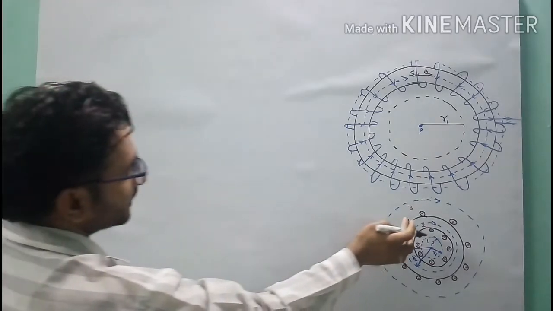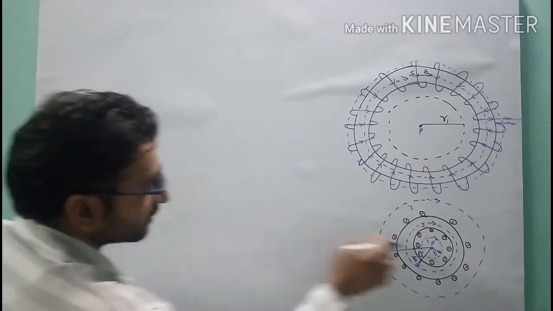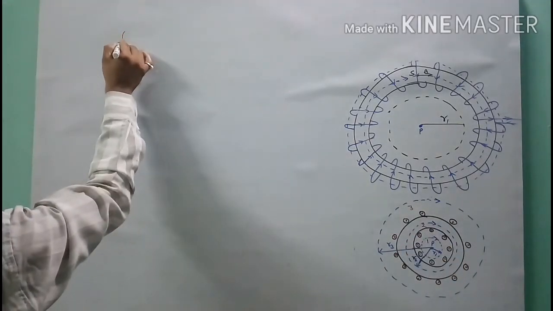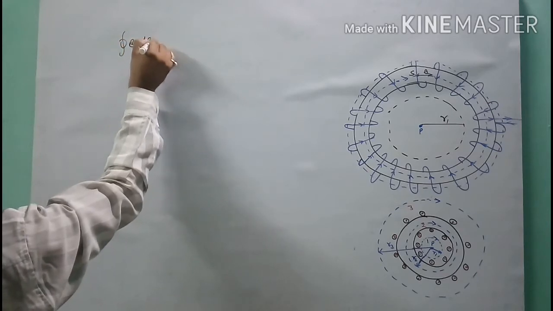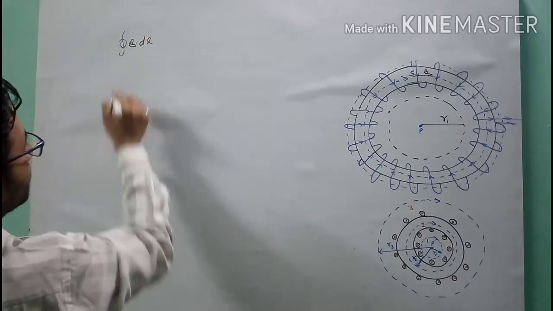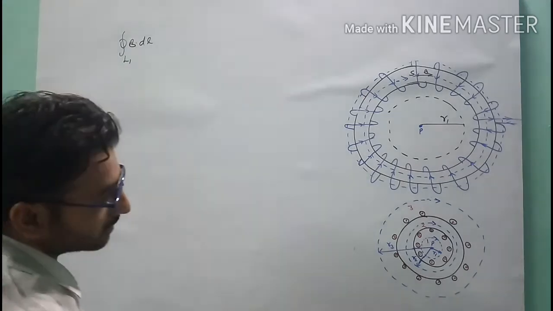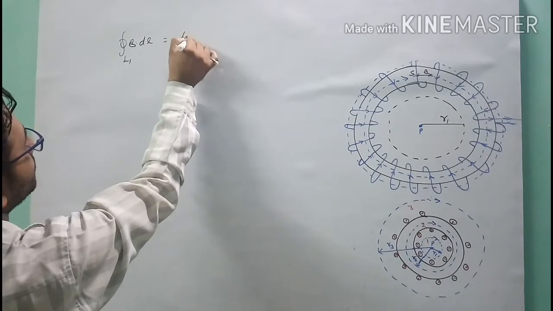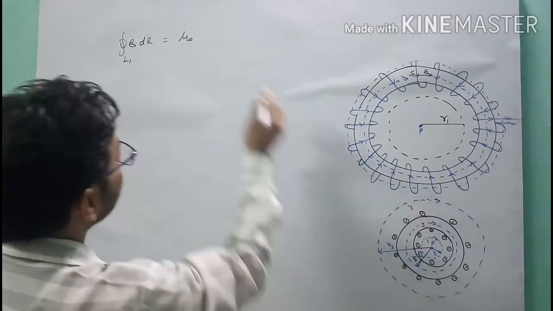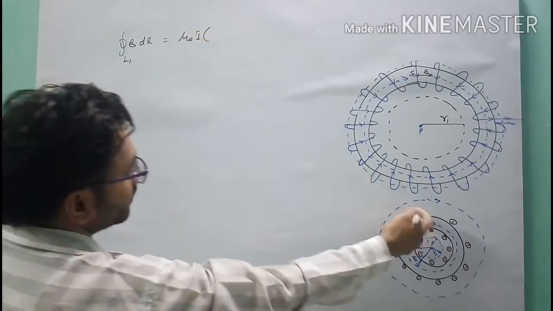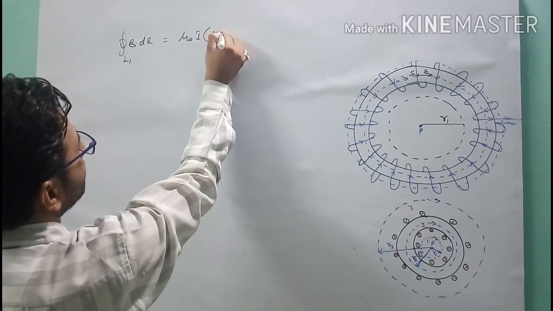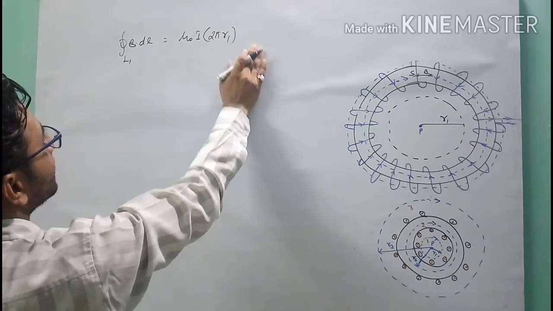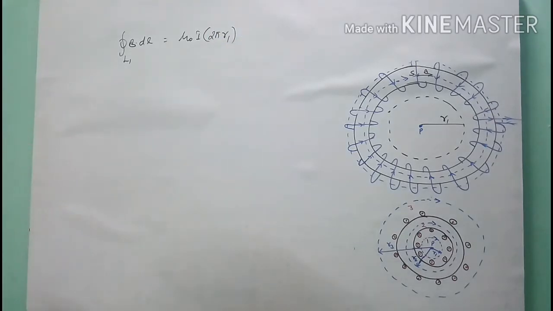If we use the Amperian circular law for this circular Amperian loop of radius r1, so the line integral of B·dl, if I suppose this one as loop 1, first loop L1, B·dl over L1 is equal to mu naught times the total current I enclosed by the surface of radius r1, or you can write here the total current on this surface.